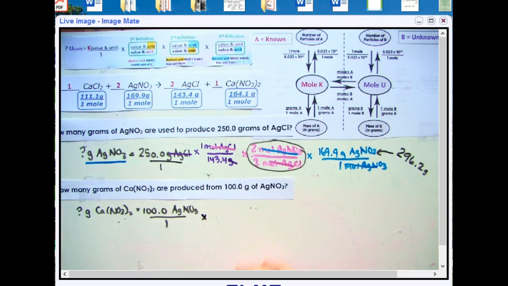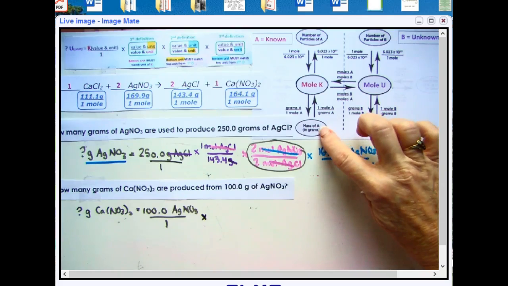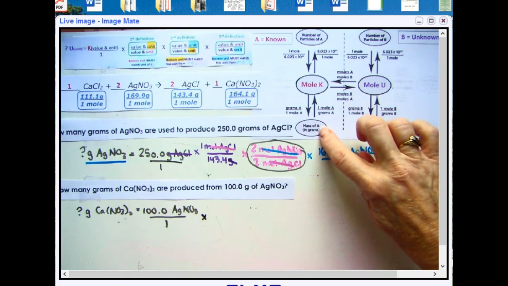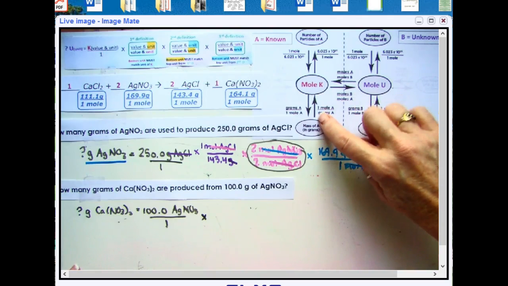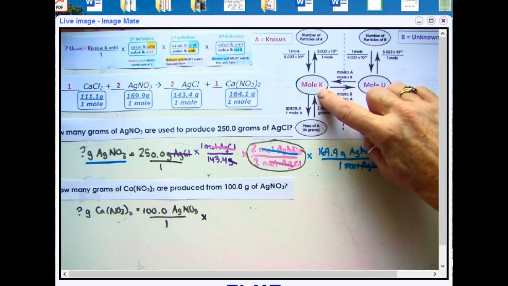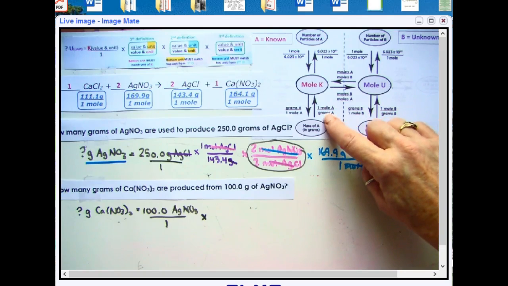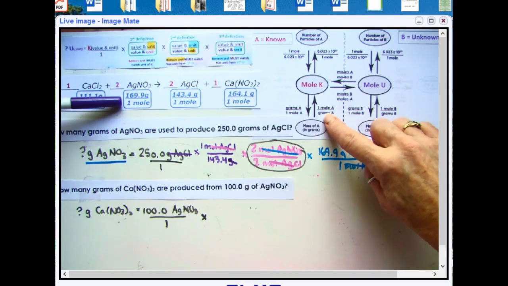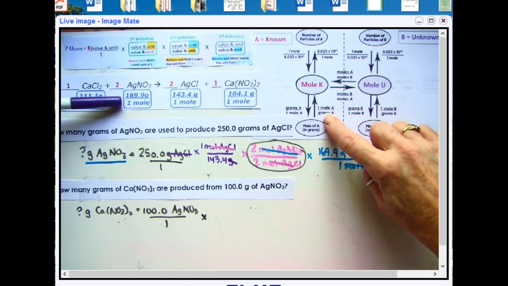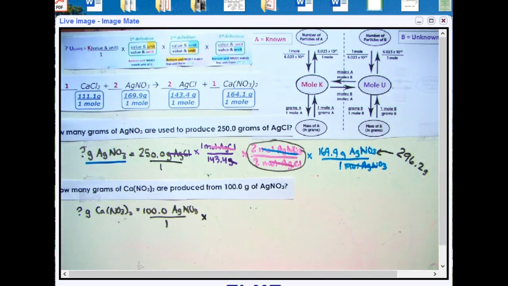All right, so again, we're starting down in the lower left with the mass of our known. We have to follow the arrow up to the moles of the known. We're going to do that by using the molar mass of my known, which is AgNO3, but we're going to have to flip it upside down to make sure that the units cancel.